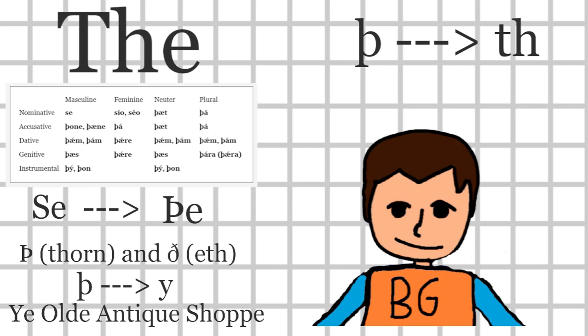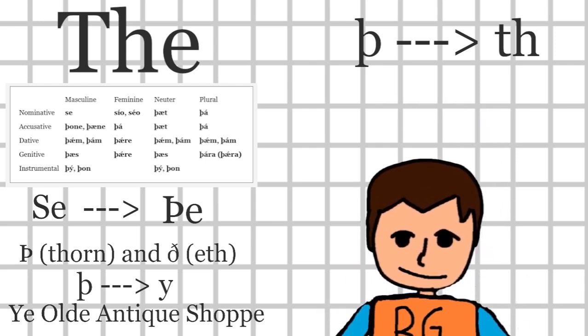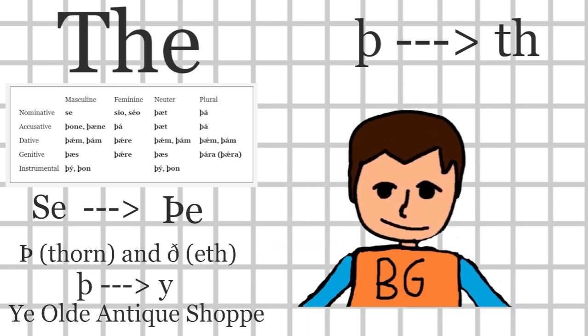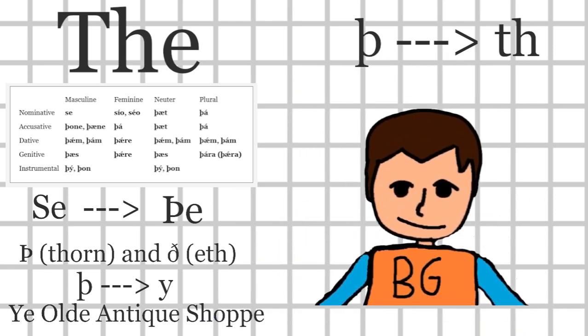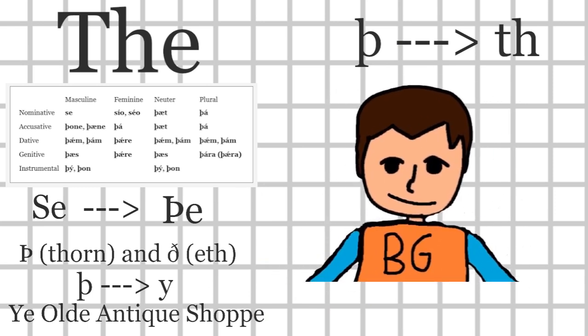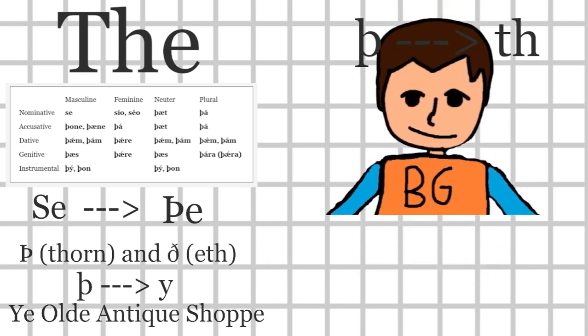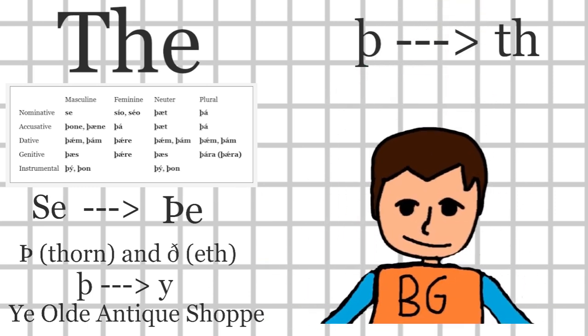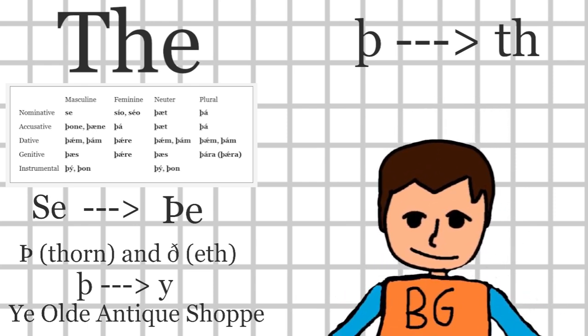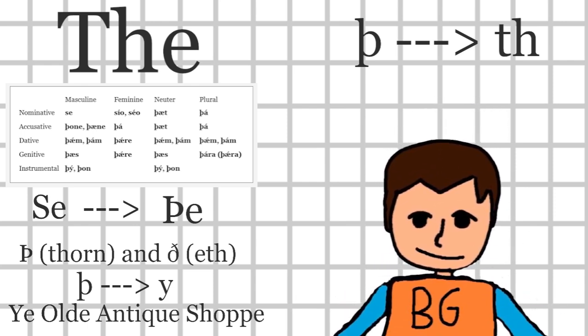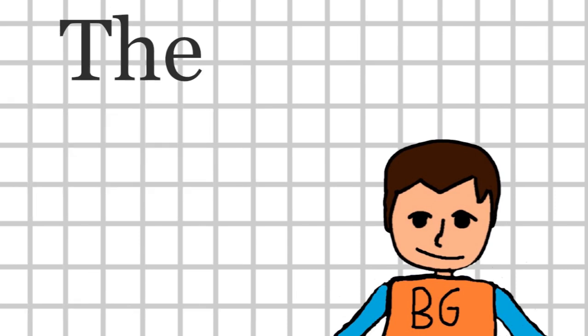But thorn, come on, we can bring back thorn at least, and maybe make a better design for F, for real. So yeah, that's basically the history behind our beloved word "the", which is what this video is based around. Now let's move on to the next chapter of the video, which is going to be a bit unique.